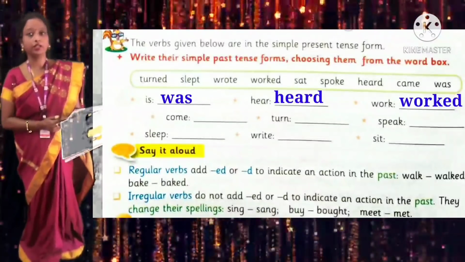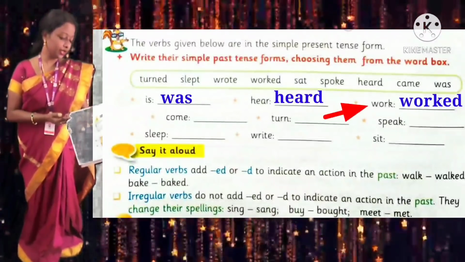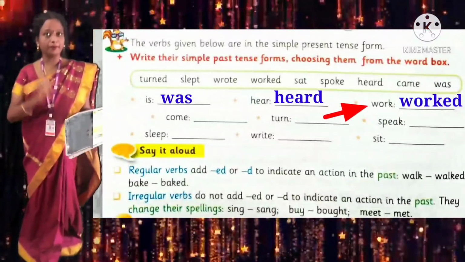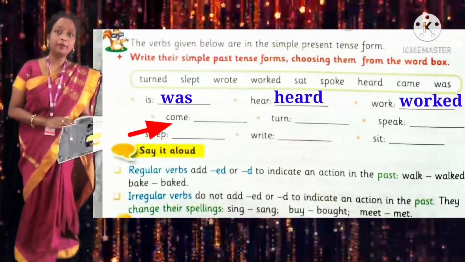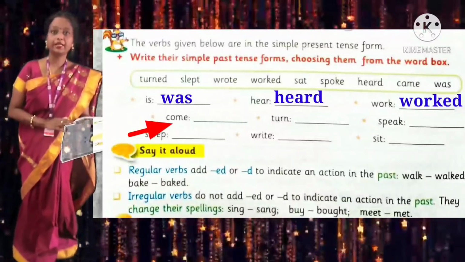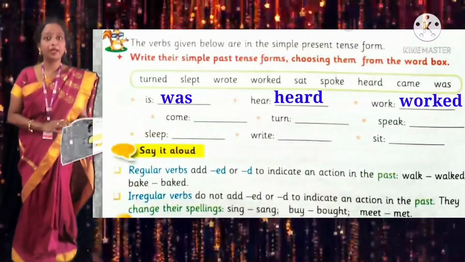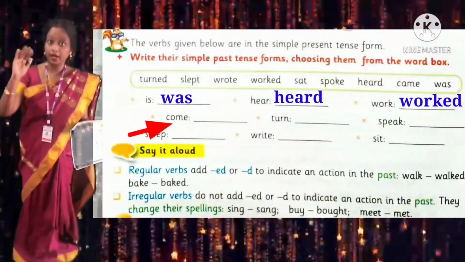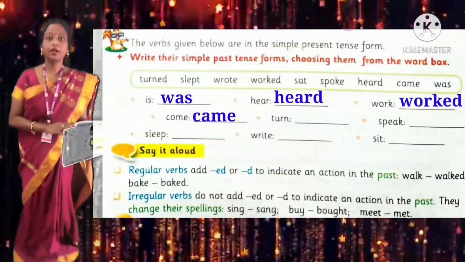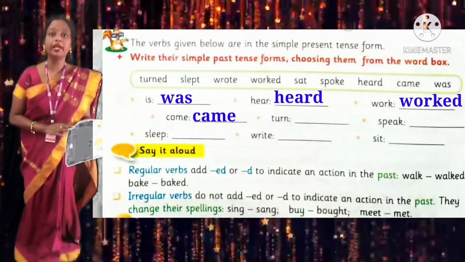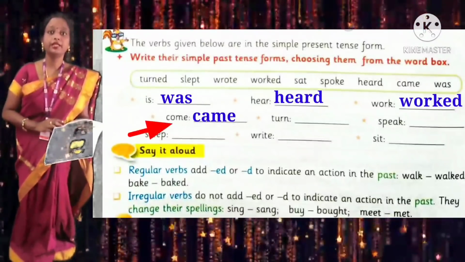W-O-R-K-E-D. Worked. Okay, children. Next word is come. Come is simple present tense. This word we will be writing in simple past tense as came. Come, came. C-A-M-E, came.